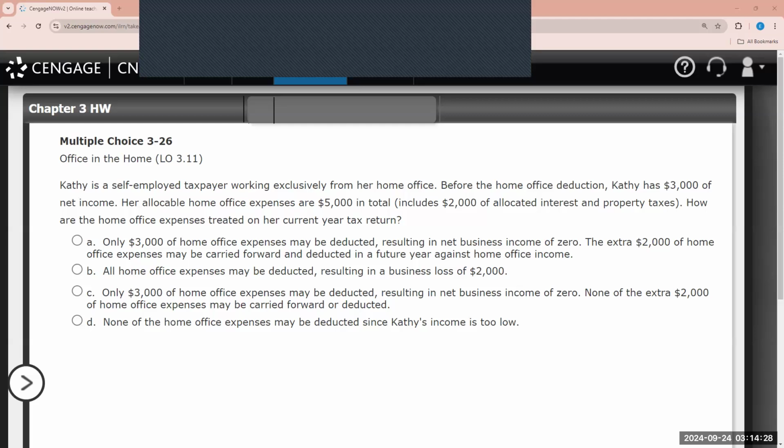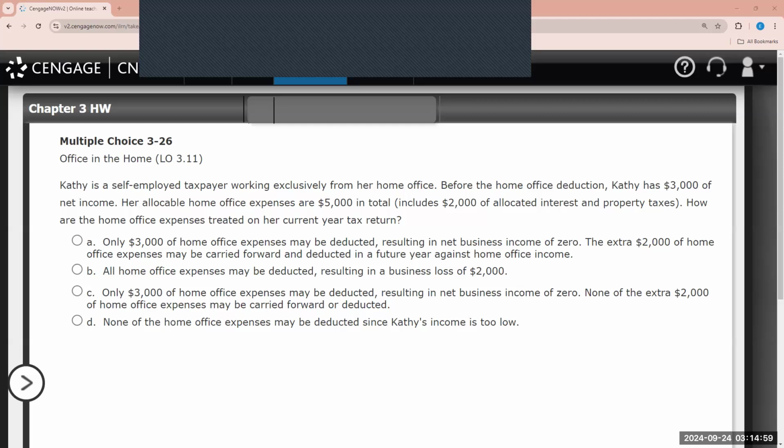And lastly, the deduction is allowed if it's used on a regular basis for storage of business inventory or product samples held for use in a taxpayer's trade or business. But as mentioned, one of the key things, the home office deduction cannot reduce net income from the business below zero.